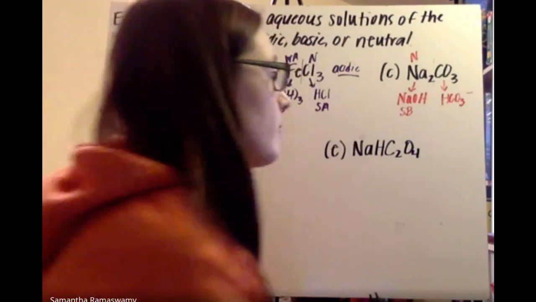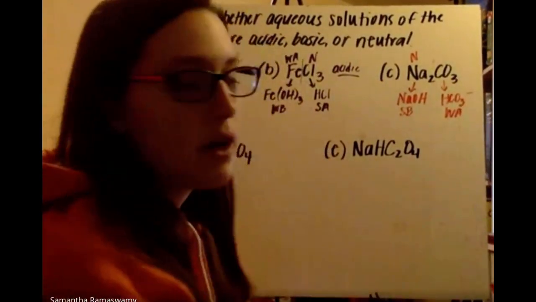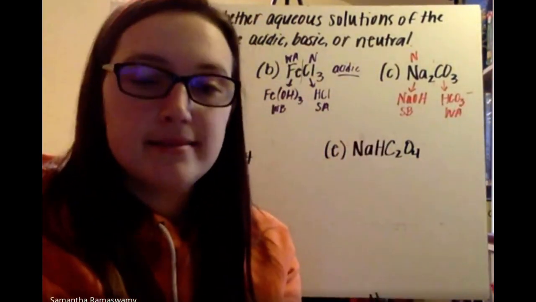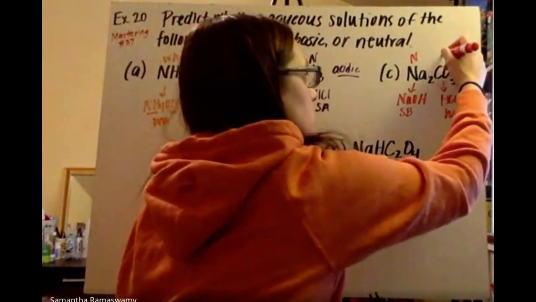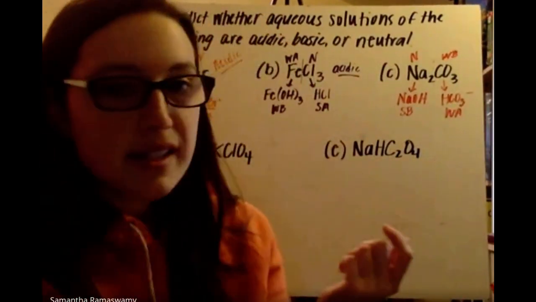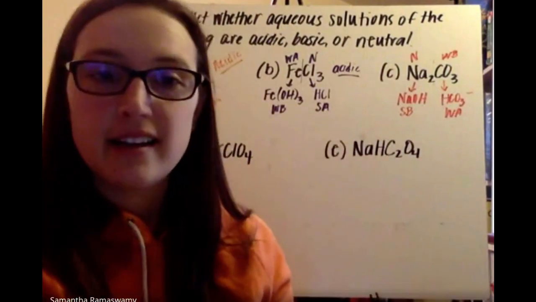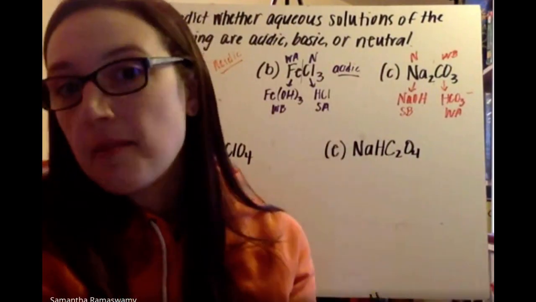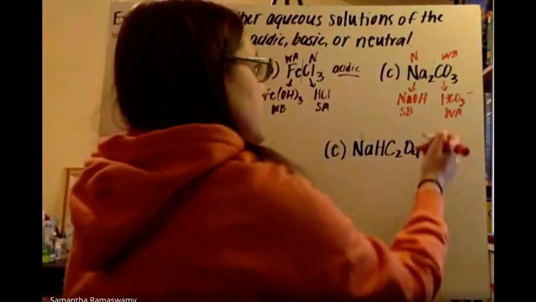So it's weak. So if HCO3 minus is a weak acid, that means that CO3 2 minus is a weak base. So for part C, we have a neutral cation and a basic anion. Neutral doesn't matter. So that means that overall part C is basic.